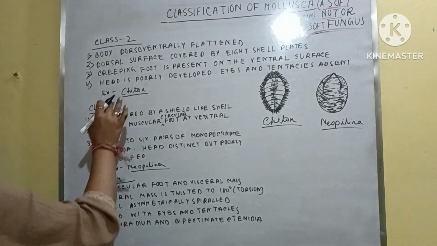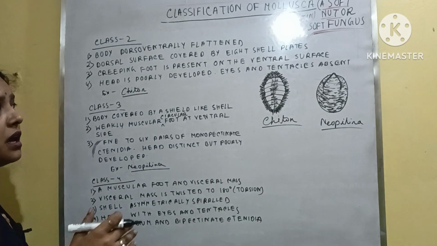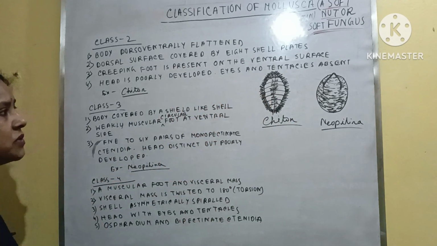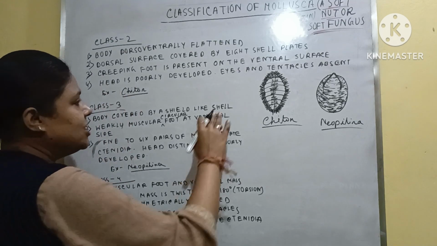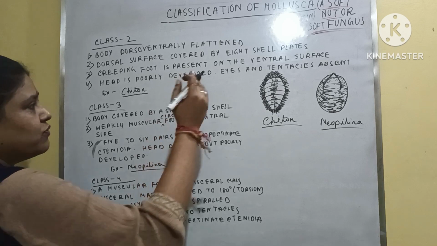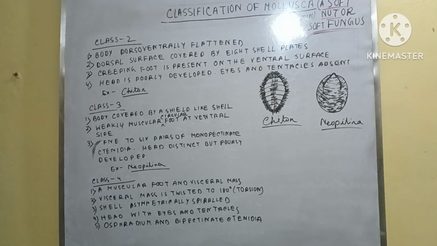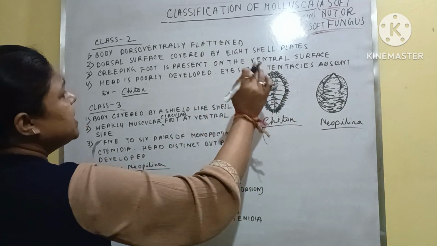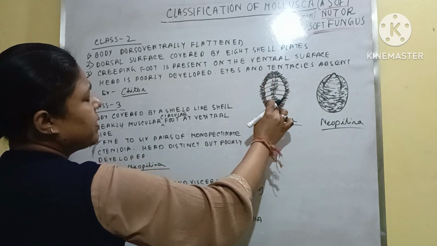An example is the chiton, and this is the rough sketch. Here I have drawn only the dorsal side of the chiton, not the ventral side, so you cannot see the foot that is present in the ventral portion. Clear? So what are the features? 8 shells must be there: 1 2 3 4 5 6 7 8.